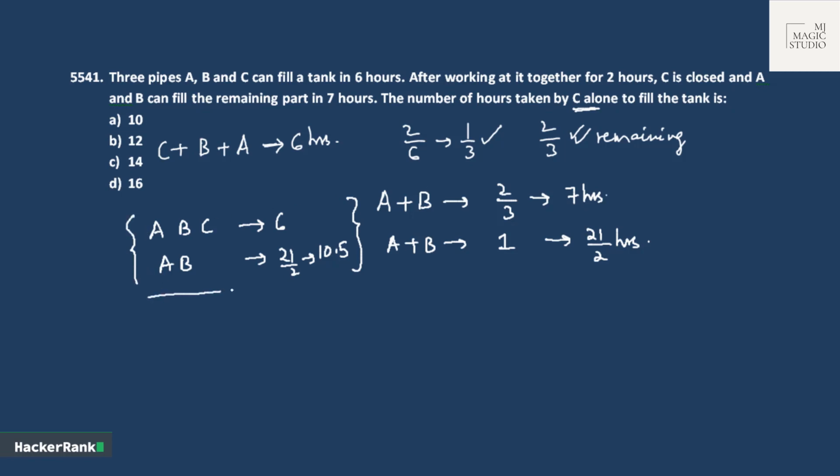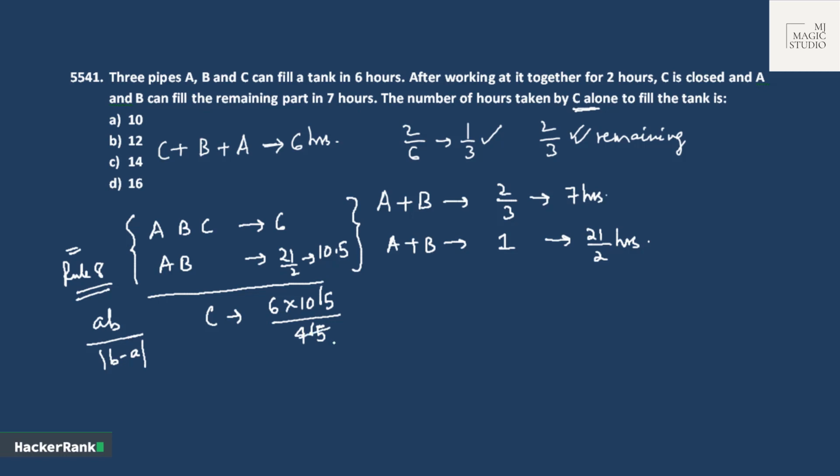Here we need to use the subtraction formula. A plus B plus C minus AB will give the value of C. In time and work, subtraction means product by difference. Please follow rule 8 in time and work, the link is in the description. It's product by difference: 6 into 10.5 divided by 10.5 minus 6, which is 4.5.